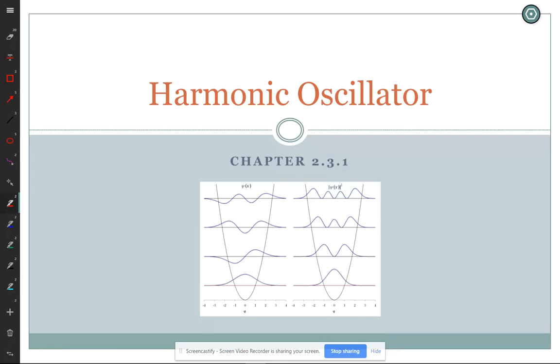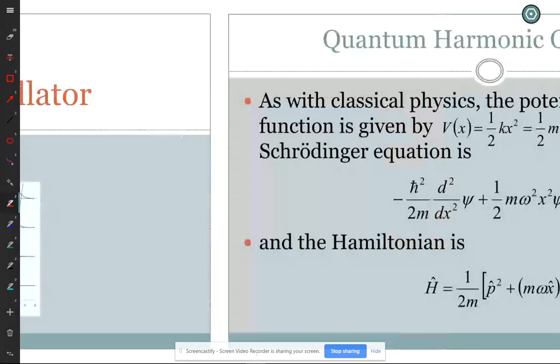When a child's swinging on a swing, it's approximately a simple harmonic oscillator, and the child is going to be moving between these positions. As we get to these other states, the most probable location changing around becomes more odd. So that's just looking at what the solution is.